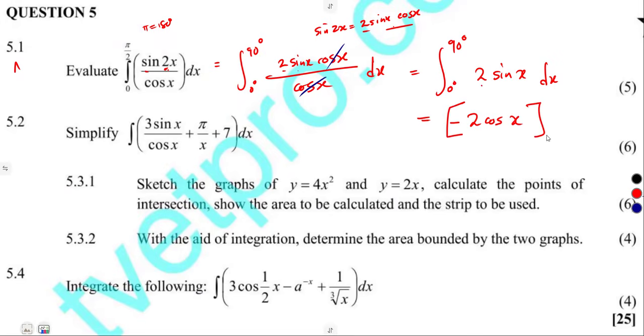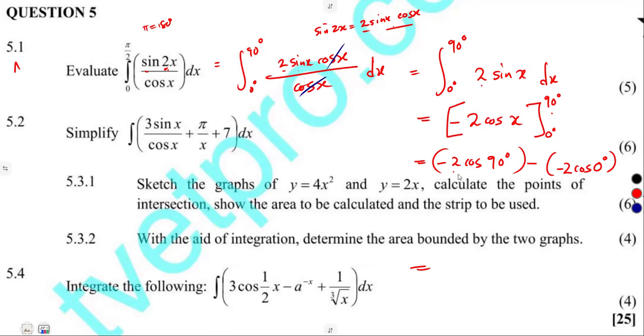From the given limits, that's from 0 to 90 degrees, if you consider degrees. Or you can use radians, but you have to set your calculator in radians. Using degrees, your calculator must be in degrees. Minus 2 cos of the upper angle, 90 degrees, minus negative 2 cos of the lower angle, 0 degrees.